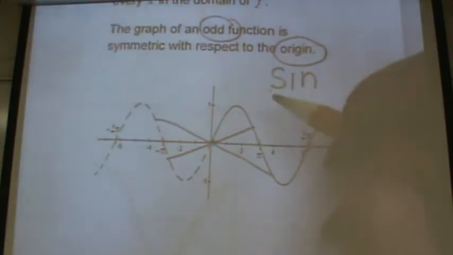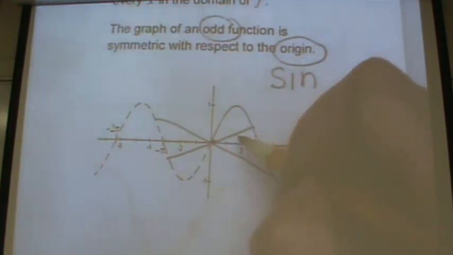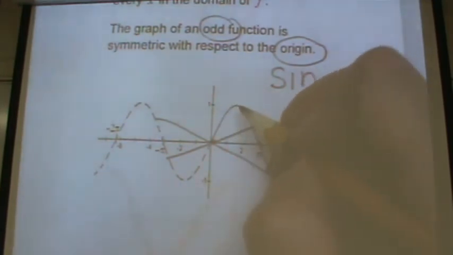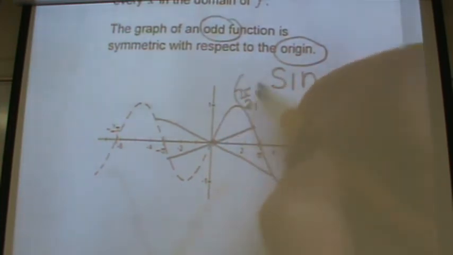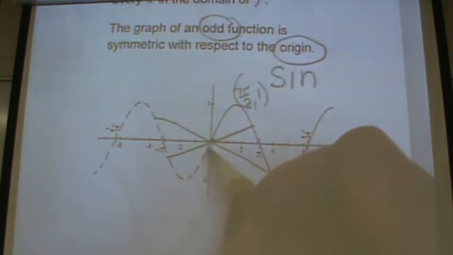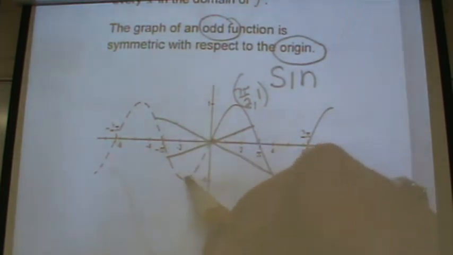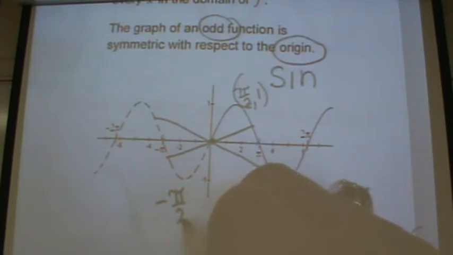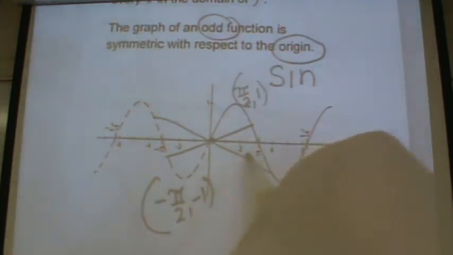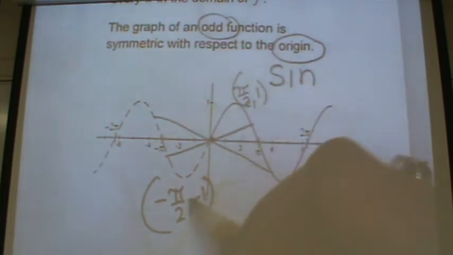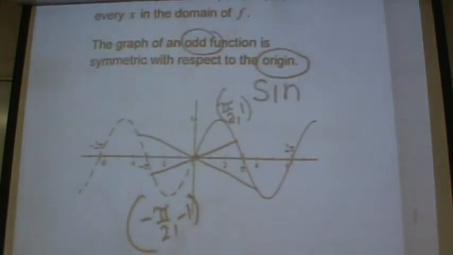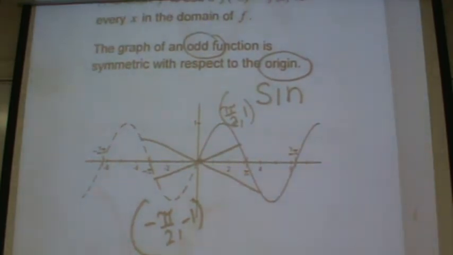So if this is pi over 2, comma 1, what you're going to have here is negative pi over 2, negative 1. That's the whole thing with odd, or symmetry to the origin. You change the x and the y, they're both going to be opposite. Okay? You remember that?